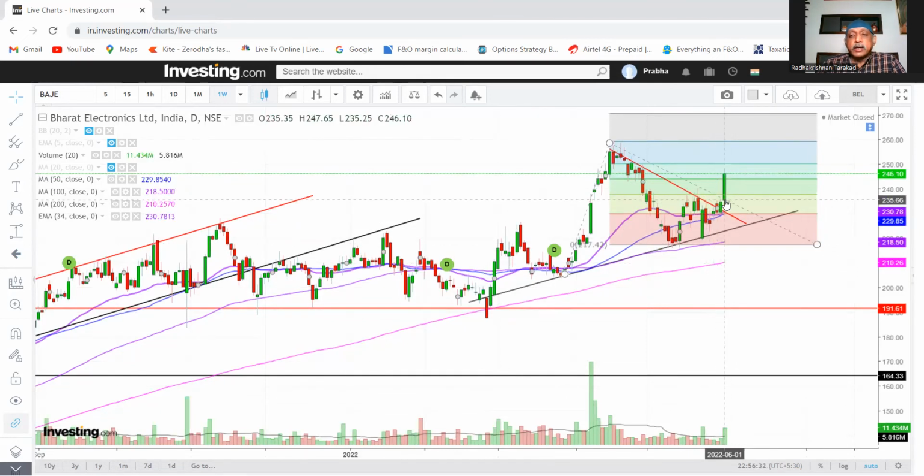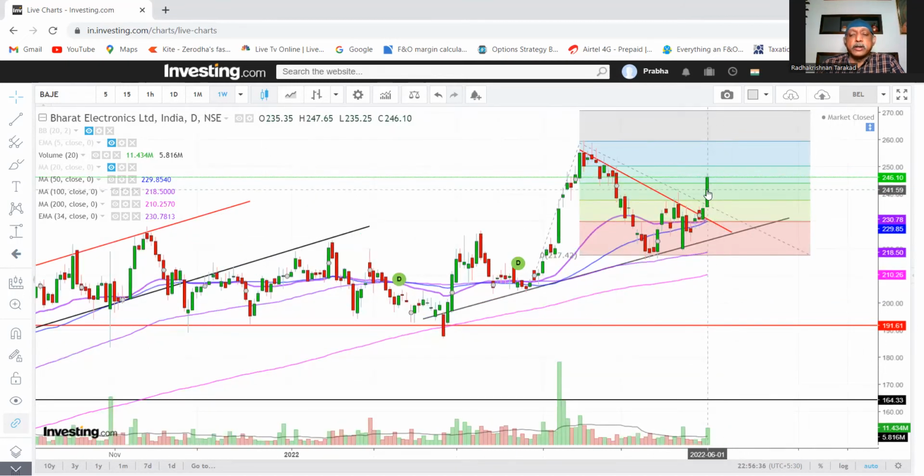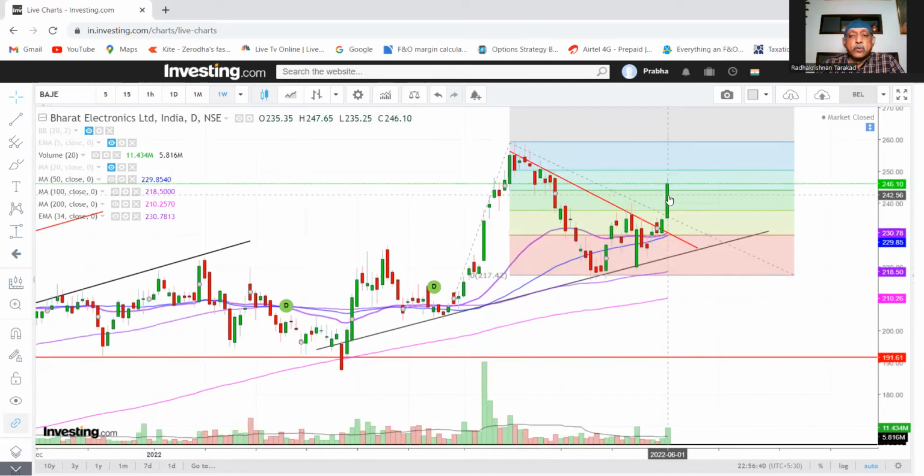So sequentially, it is placed in sync with what the price patterns should be. For a trader who wishes to go long on this stock, ideally the low of today's candle, which is at 235, is taken as the stop loss.